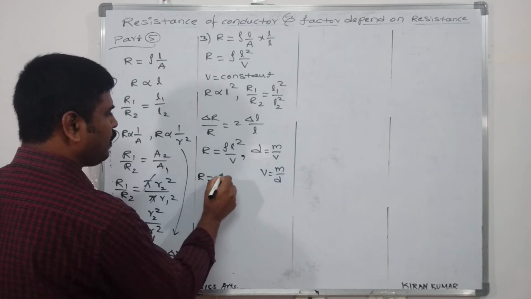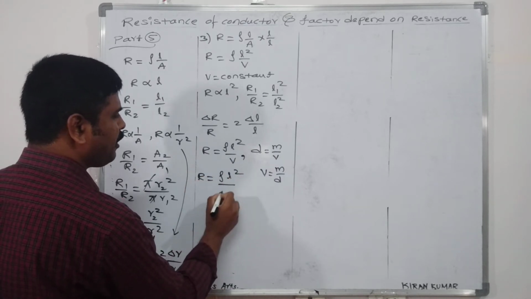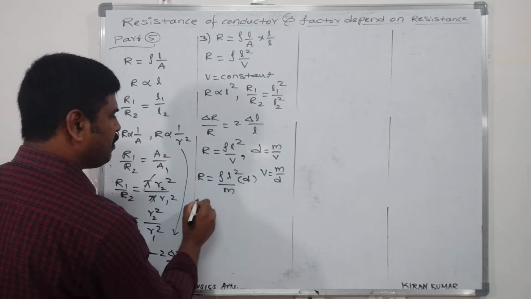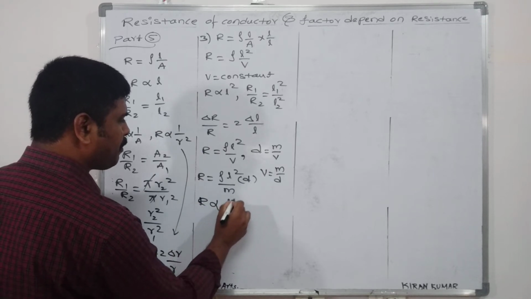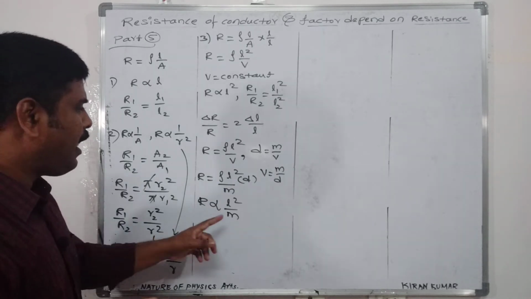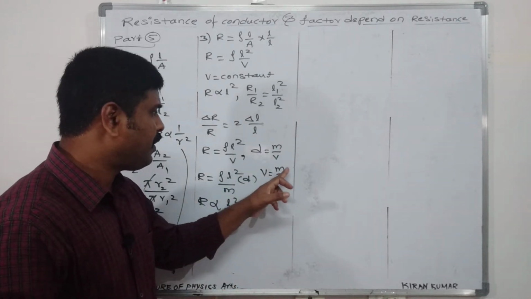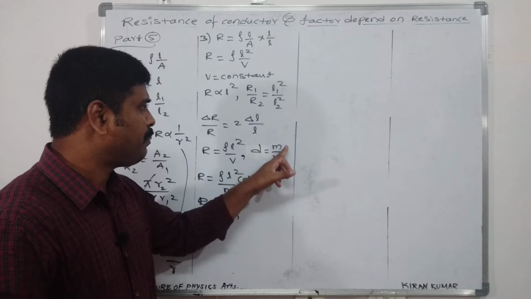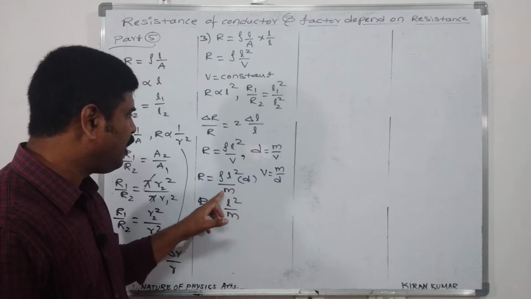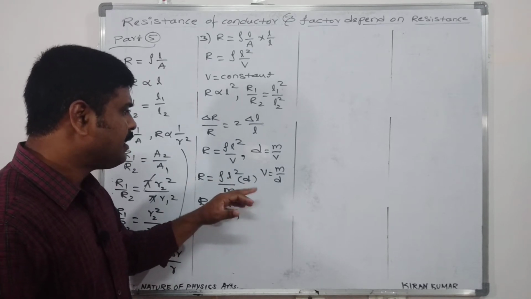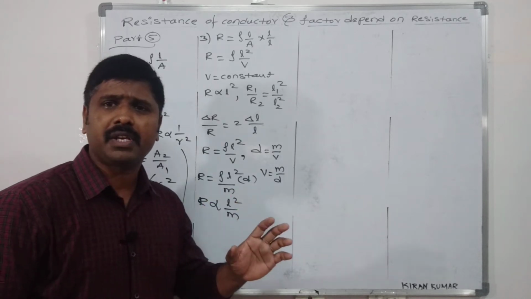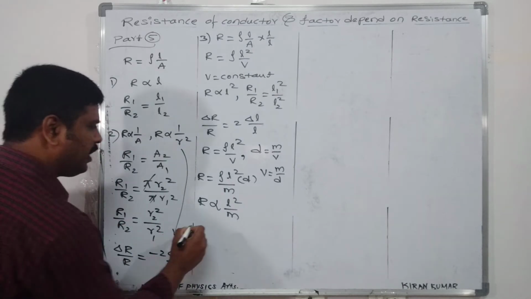Then R is equal to rho L square divided by M into D. So in this situation R is directly proportional to L square, inversely proportional to the M. Here the volume value is replaced by M by D. So here D goes from denominator to numerator. Every equation is important.